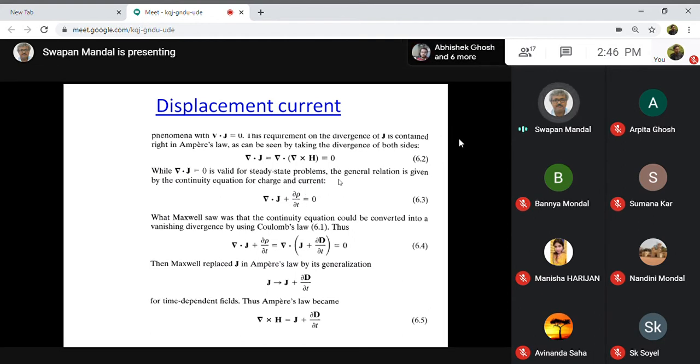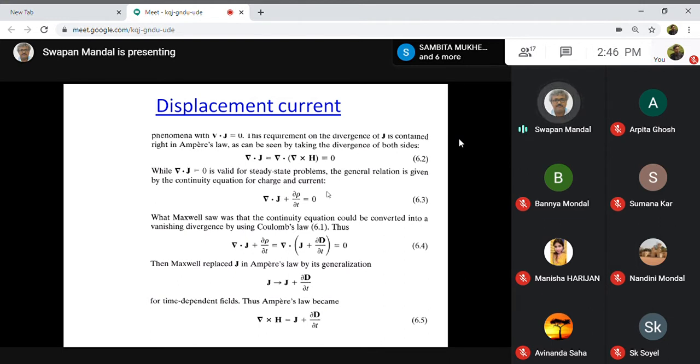In that case, if the charge density changes, then you have some sort of current loss, or vice versa. If del rho del t is positive, in that case you will get negative current. So negative current is compensated by the loss of divergence of J. So this is basically the equation of continuity.